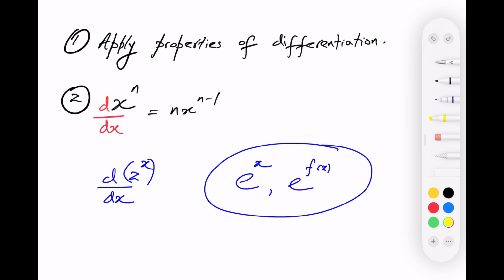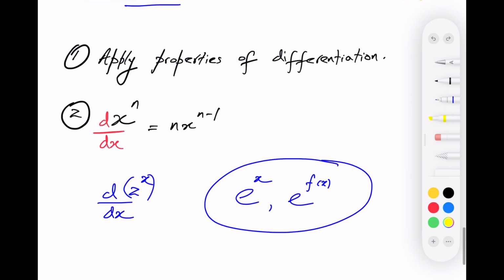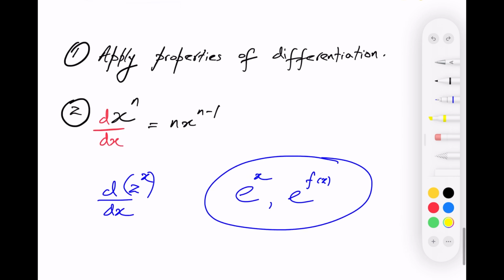If you ever use that result, your answer is guaranteed to be completely incorrect. Just keep those two comments in mind when you differentiate the functions involving the natural exponential functions.